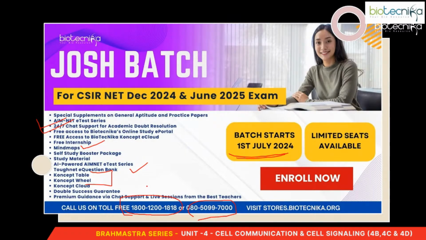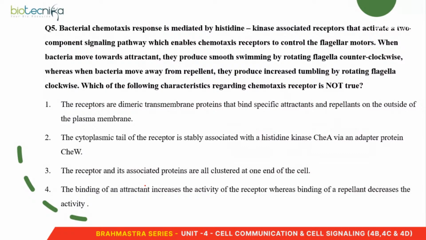Okay. Moving on to the next question, which is regarding bacterial chemotaxis. Here you need to identify the statement that is incorrect with respect to the chemotaxis receptor. Receptors are dimeric transmembrane proteins that can bind to specific attractants and repellents on the outside of the membrane.